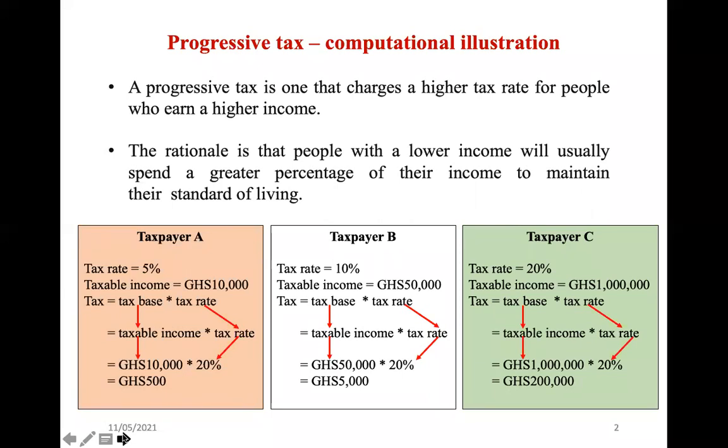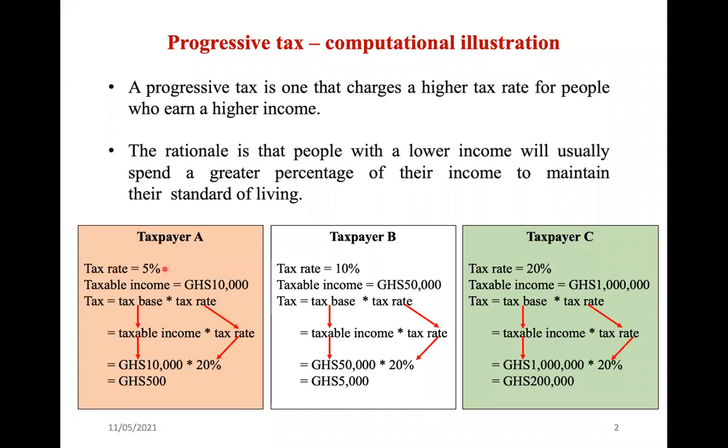You see from the first diagram that taxpayer A's income is 10,000, taxpayer B's income is 50,000, which is higher than taxpayer A's, and taxpayer C's income is 1 million Ghana cedis, which is higher than both taxpayer A and taxpayer B.